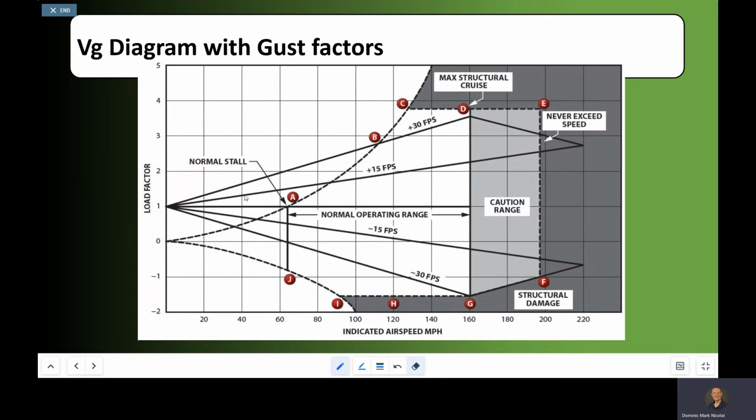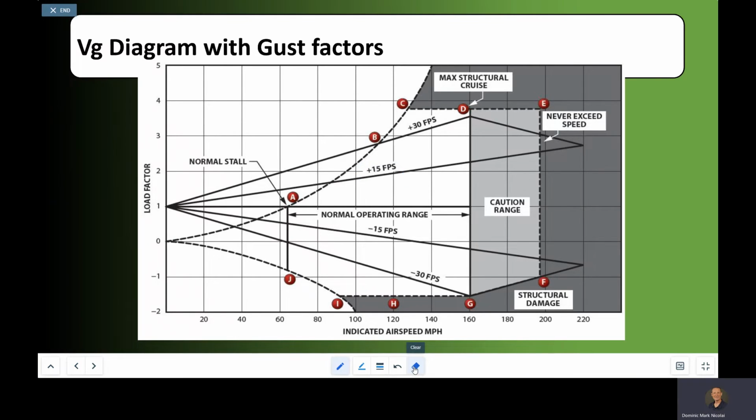It includes these little diagonal lines, solid lines here, with labeling like a positive 15 feet per second. These are gust factors. So if you were flying and you suddenly hit a gust that took you up 15 feet per second, that's introducing a load on the airframe in addition to your lift.